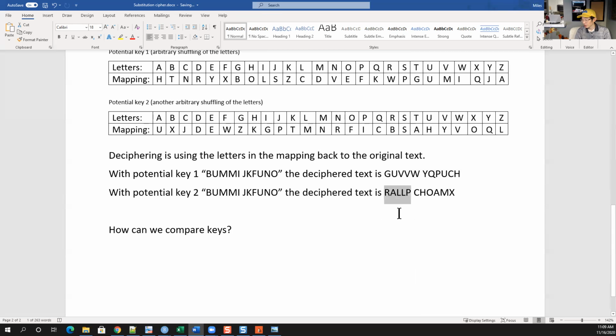And so by doing that, we now get this word RALLP, which is not a real word, but it has some structure that looks like it could be a word, right?